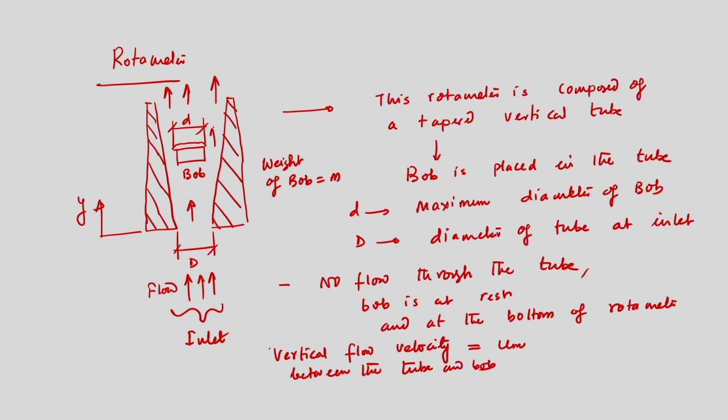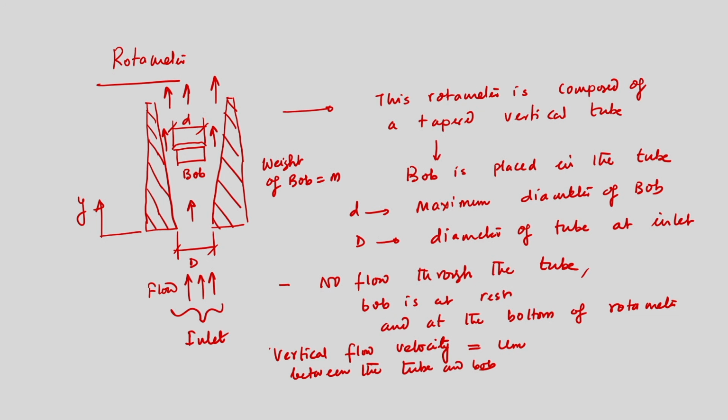So, this vertical flow between tube and bob is um. When a flow is there from the bottom of the rotameter, the flow will try to drag the bob along, and it will try to push the bob upward.